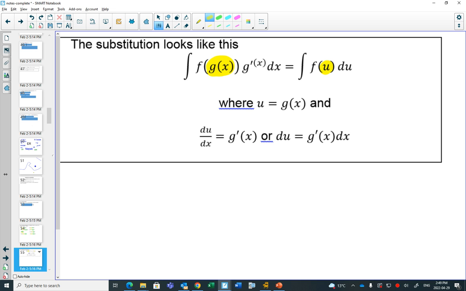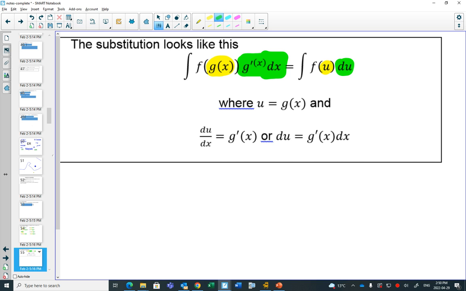I notice my derivative right here, and with my derivative, I also highlight the dx. And I replace that just with du. And here's the reasoning behind it.